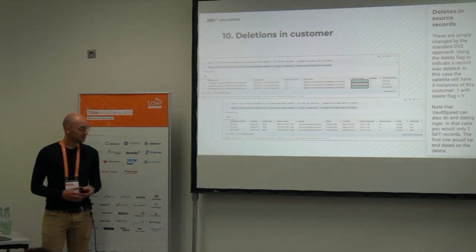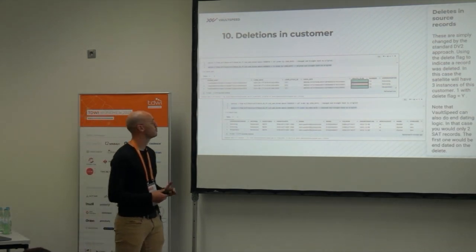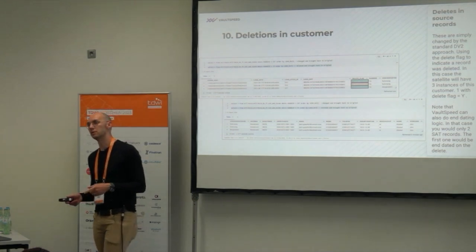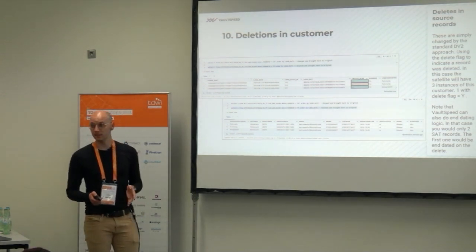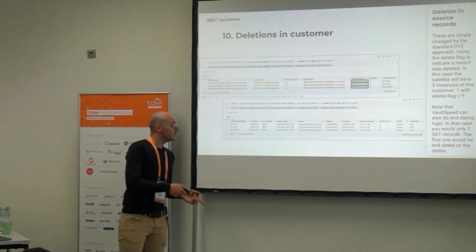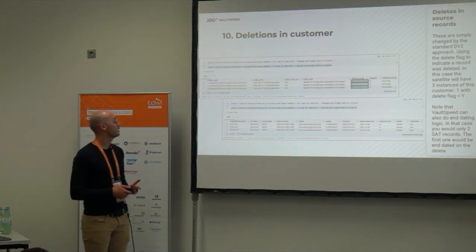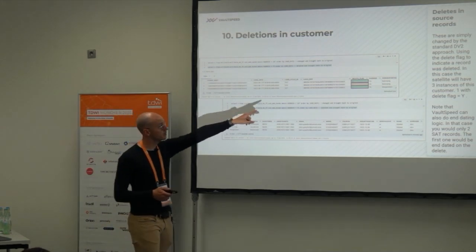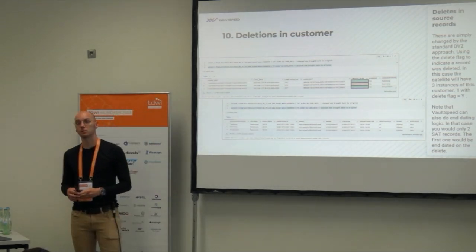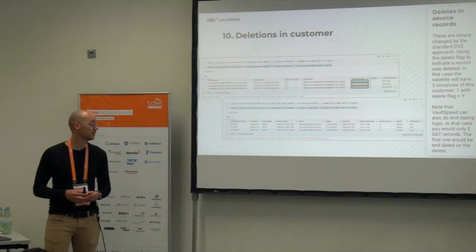Same for the deletions. What do we do on a delete? In this case, I chose for an insert-only setup. We can also do a setup with end dating. In the case of an insert-only setup, you will get an insert on delete, and the delete flag will be set to yes, and that's the way you can track your delete.